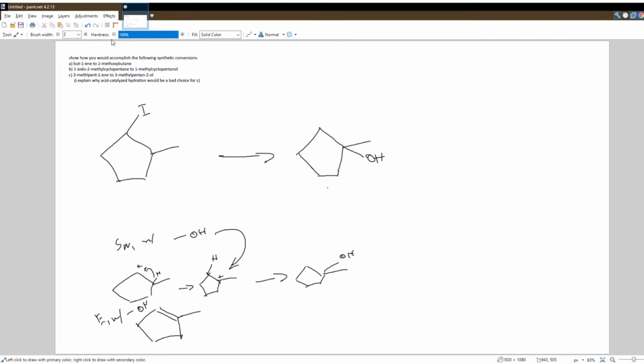Once we have it like that, we can do our whole mercuration-demercuration thing with methanol and also NaBH4, and that will get us our desired product as well.